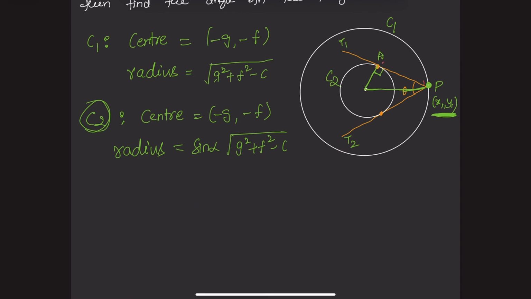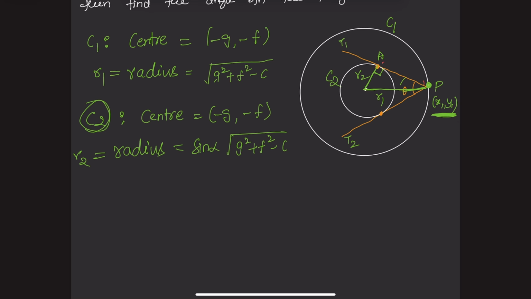So now we have the radii of both the circles. Now consider this particular triangle. Let this length be R2, and this length be R1.